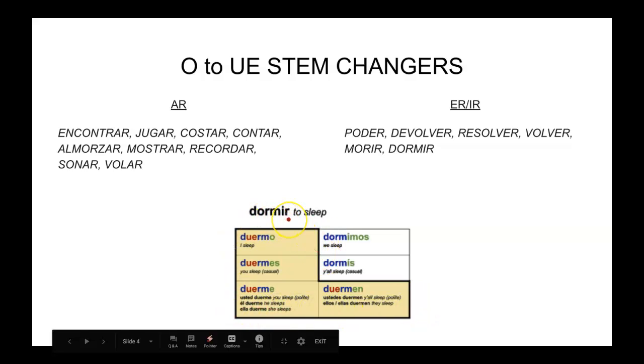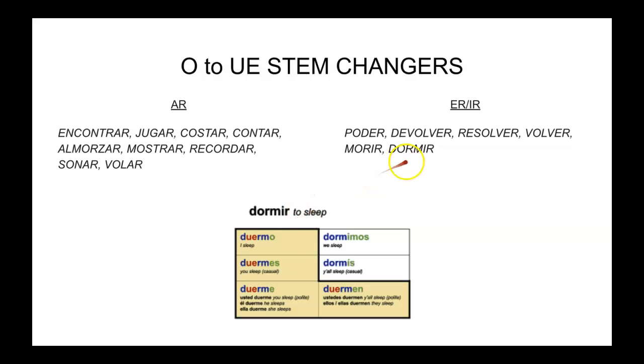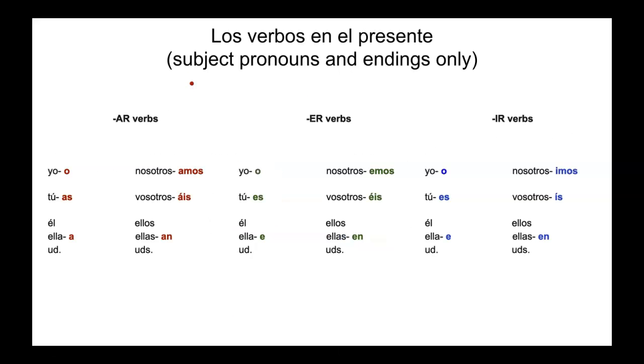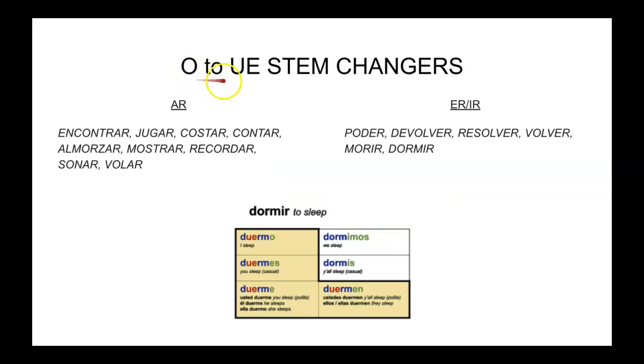Dormir, the verb that means to sleep, and I have it for you over here, is a great example. All of these verbs function like this. They are boot verbs, but these particular ones change from O to UE. For AR verbs, we have encontrar, jugar, costar, contar, almorzar, mostrar, recordar, sonar, volar.